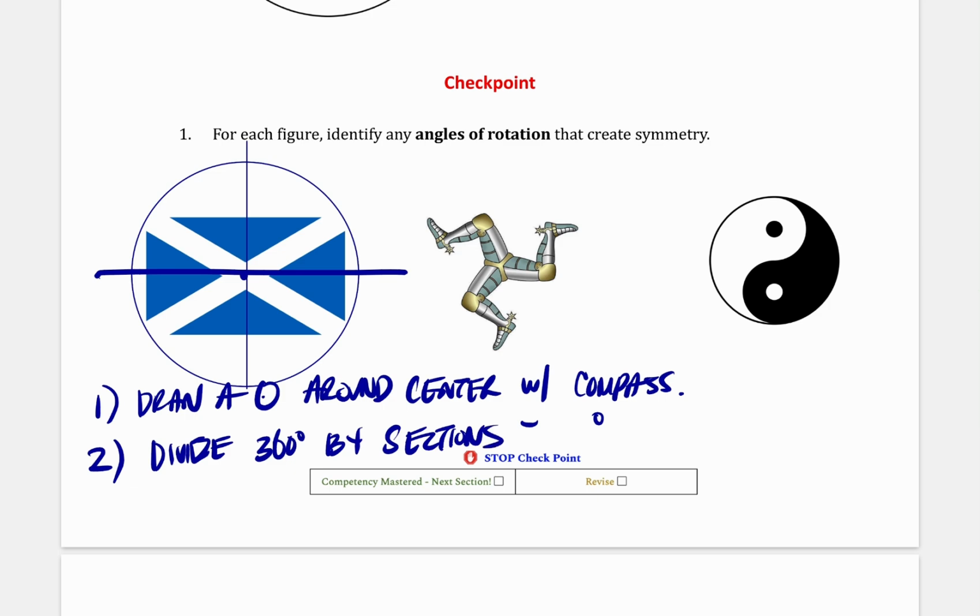And if you use a tracing paper to trace the center and the flag, if you rotate skip counting by 90, how many degrees do you have to rotate to map onto itself? Think about this knight's leg. It doesn't easily divide into 4 quadrants, but there's 3 legs.